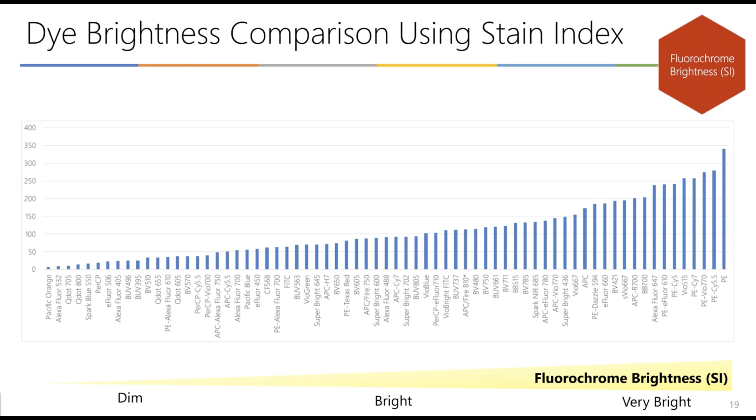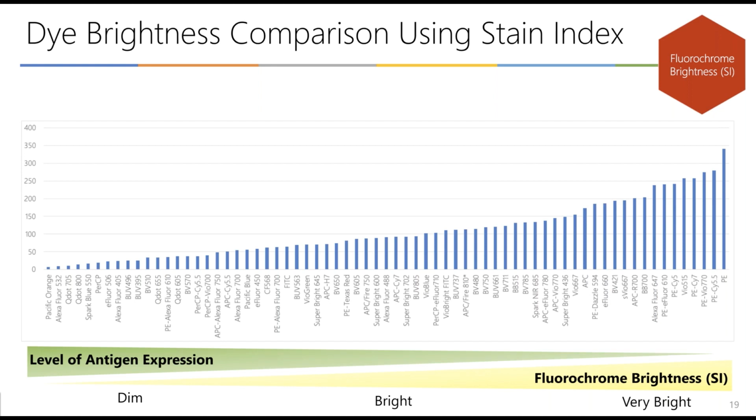Our fluorochrome guides can be downloaded from our website. In this chart, we've listed these fluors in order from dimmest on the left to brightest on the right. And when deciding which fluor is best to assign to each antigen, it is ideal to assign the antigens with highest antigen expression to dimmer fluors and those antigens with low expression to brighter fluors.